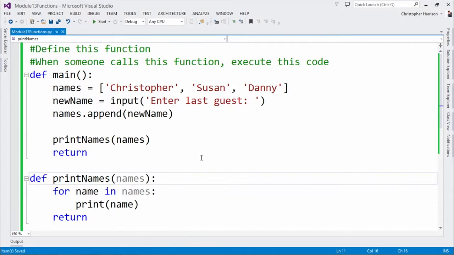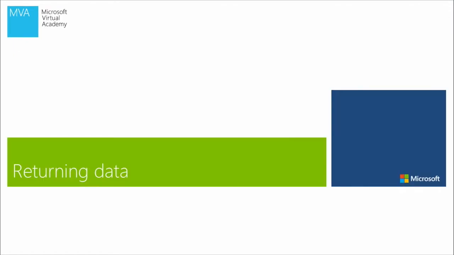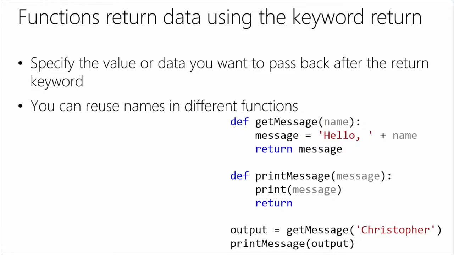I'm going to go back to my slides, and let's break things down into returning data. Up until right now, I've created functions that went off and did something for me. They wrote something out to the screen, which can certainly be exactly what I'm looking for. But it's relatively limited because the only thing it's able to do is print out. What happens if I want a little more flexibility?